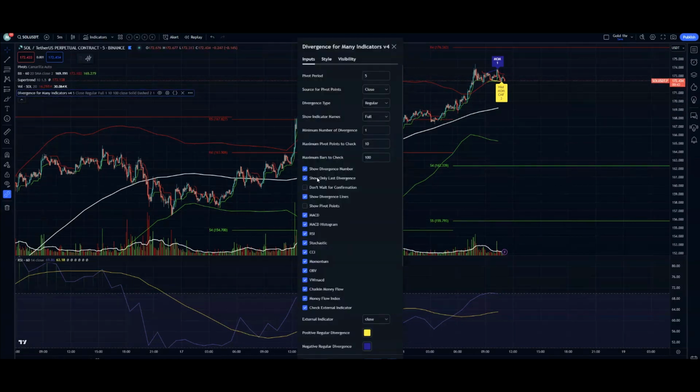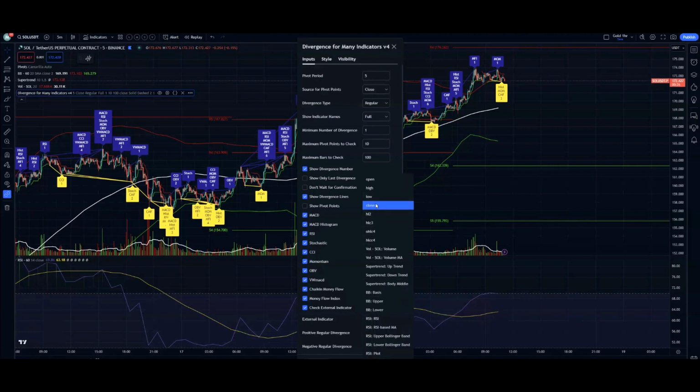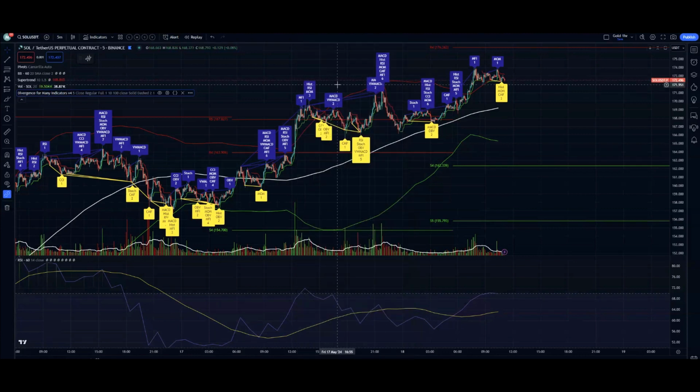But because we are talking about the strategy, I'm just going to leave it running for now, and do check all these boxes and check the external indicators as well. The external indicator is on close. Yeah, that's about it, I think, on the strategies.